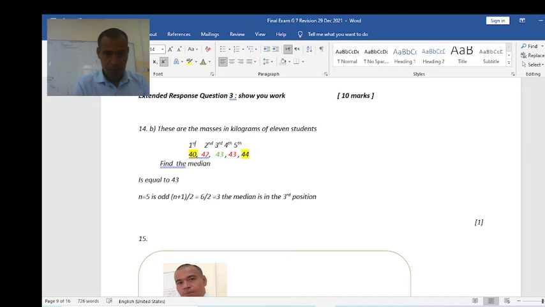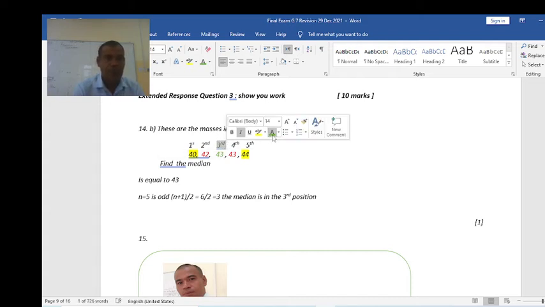This is one, the first position. This is the second one. This is the third. This is the fourth, and this is the fifth. You can see guys, this is the third position, which is solved here. Clear?